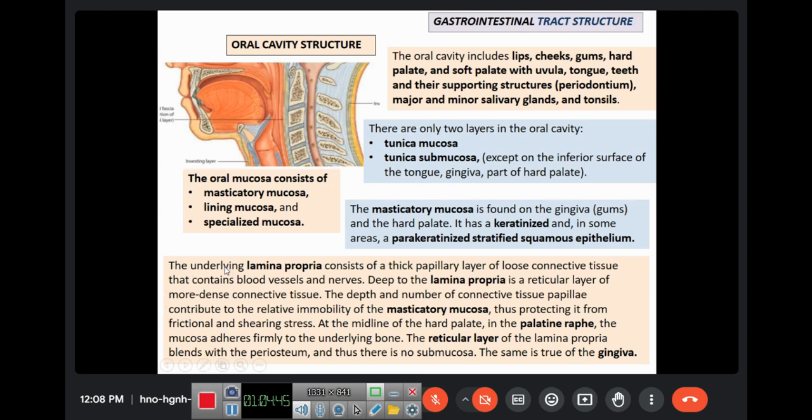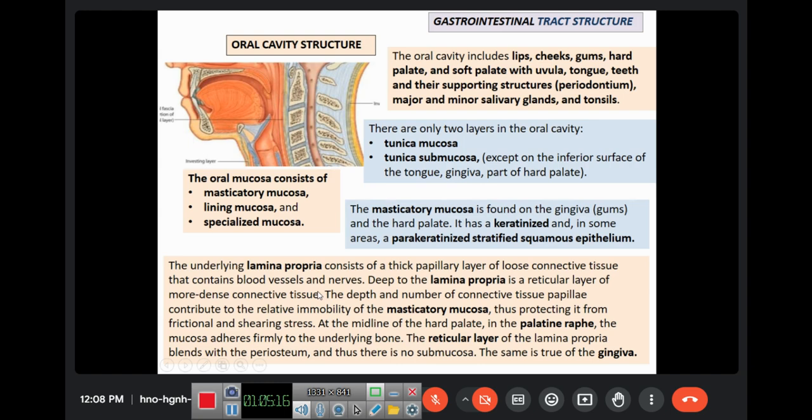The papillary layer is for giving blood supply to epithelium, and for more firm attachment of epithelium to lower tissues. And the reticular layer of the lamina propria is for attachment of the mucosa to lower tissues, to bones or to muscle tissues.